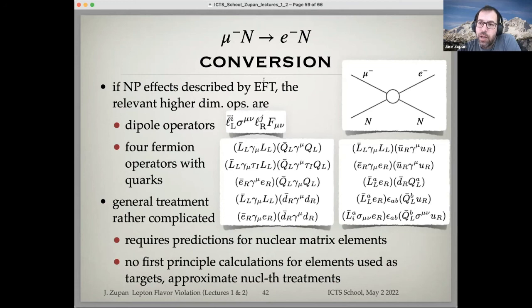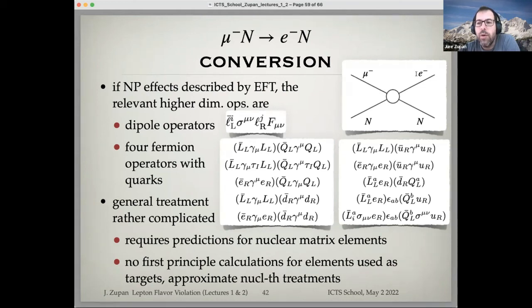So again, let's go into the standard model EFT. So heavy new physics, and we'll just look at the operators. So one is you can have a dipole operator. You can couple mu to E with the nucleus, or all the four-fermion operators that now have couplings to quarks.